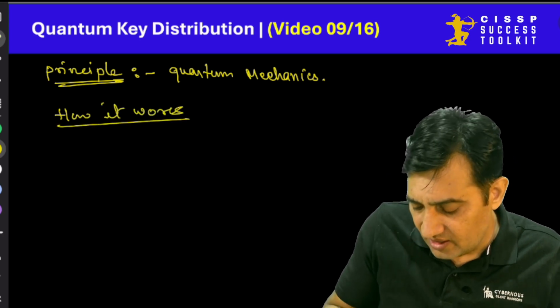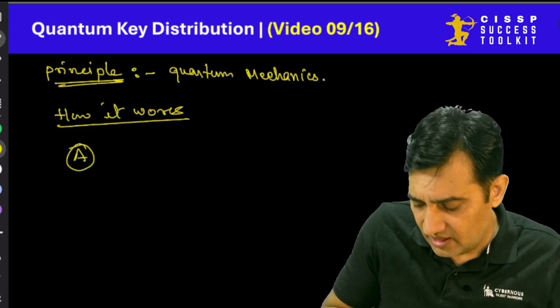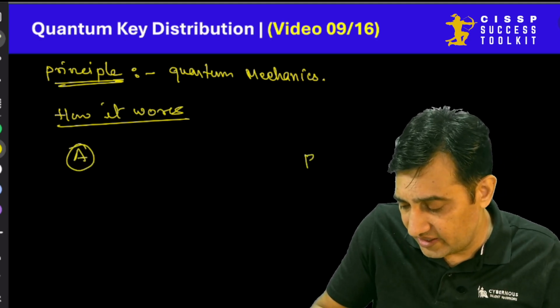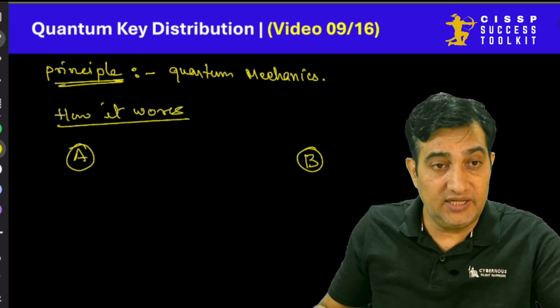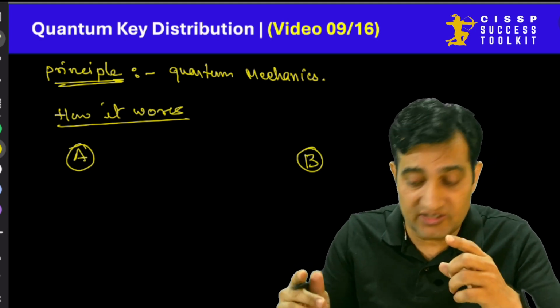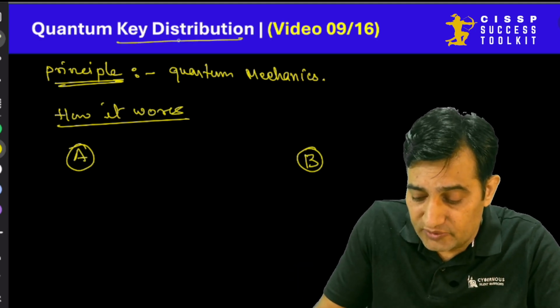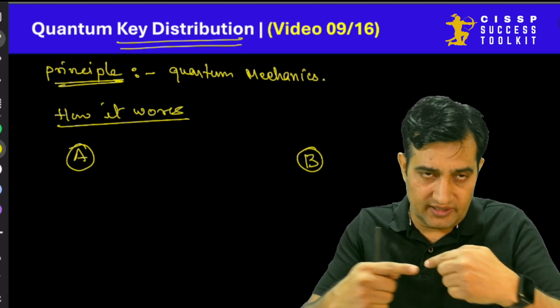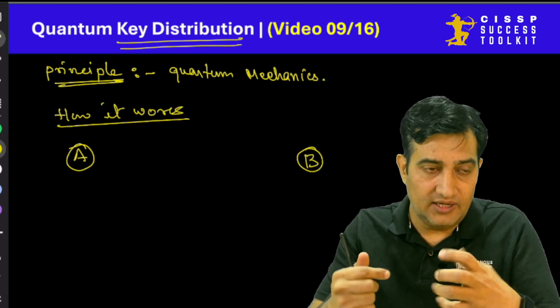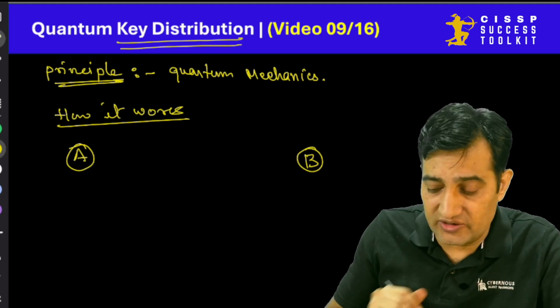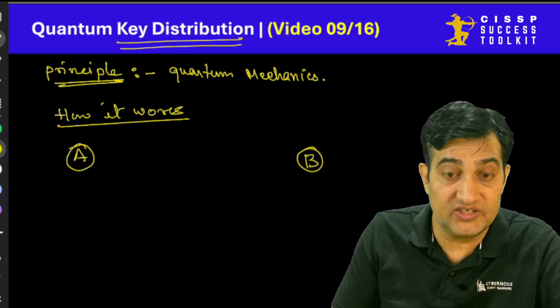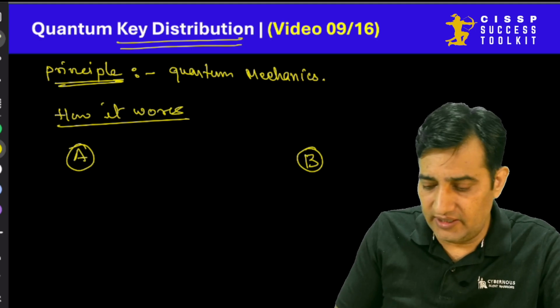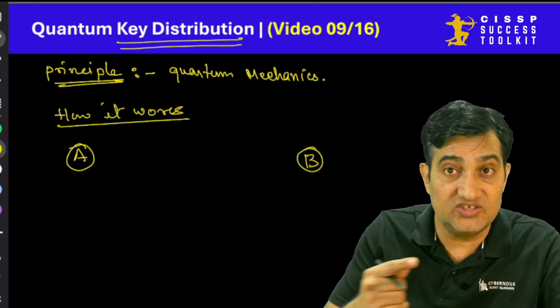Let's say this is Mr. A, and Mr. A wants to send a particular key. In the entire communication, we are talking about key distribution, not message distribution. The main thing is how we set up the key. So let's say Mr. A wants to set up a secure communication with B, and for that they need to exchange the keys.